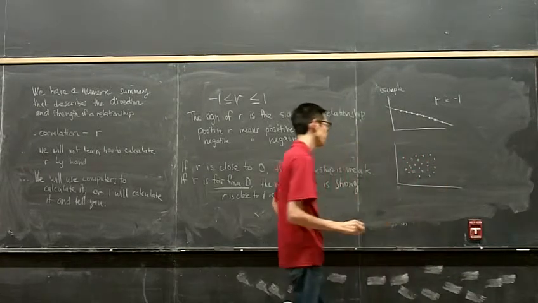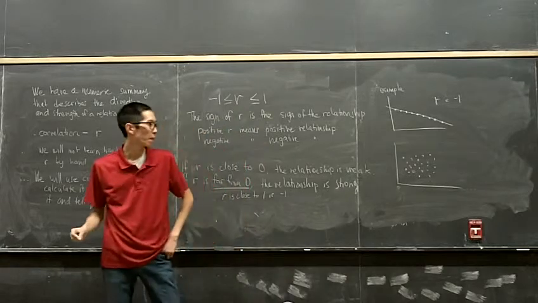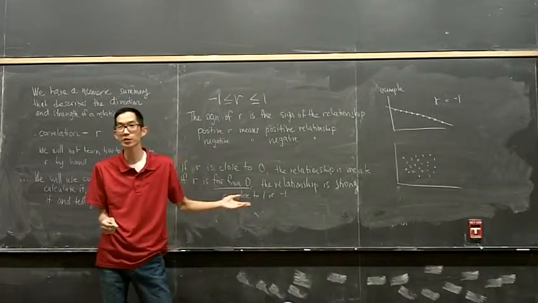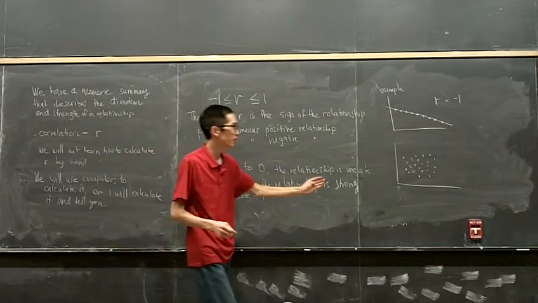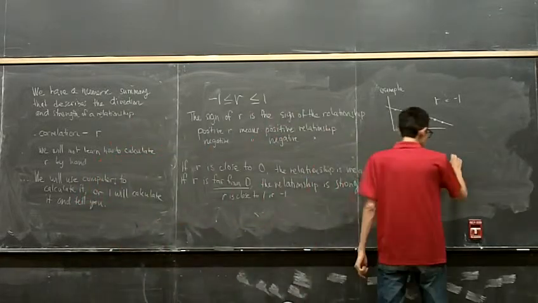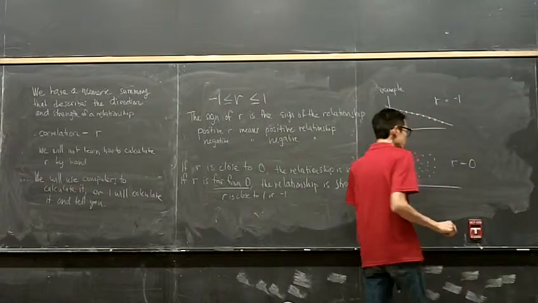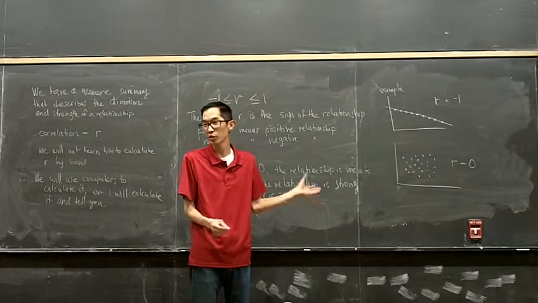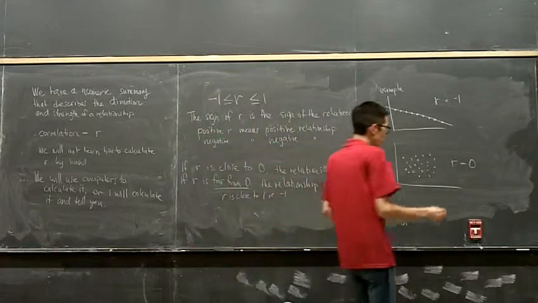Something like this. What do we have? R equals 0. Yeah, do we have any kind of relationship? No, no relationship. So here, R would equal 0. Okay? It's not a positive relationship nor a negative relationship. There really is no relationship. We've got R equals 0.